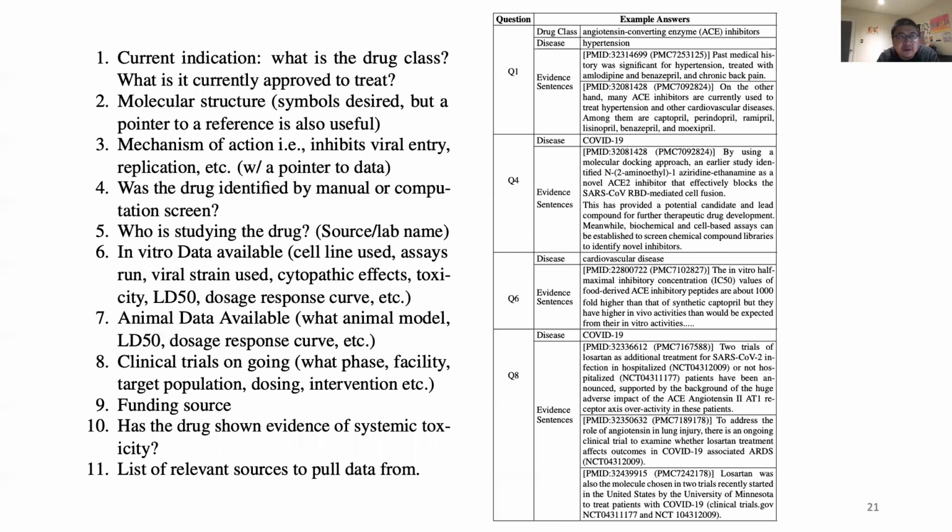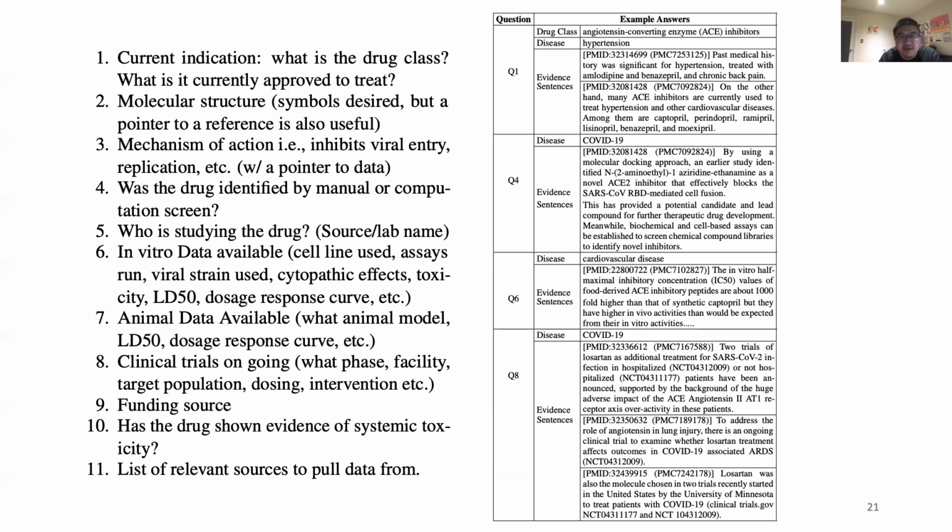And these are sort of like the natural language questions given in the paper that their design system could potentially answer, like what is the current indication of the drug, what is the molecular structure, what is the mechanism of action, and so on and so forth.